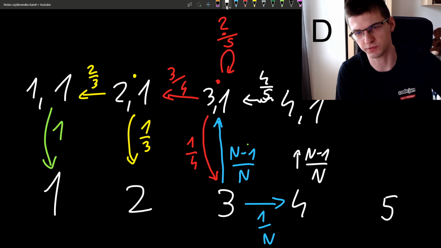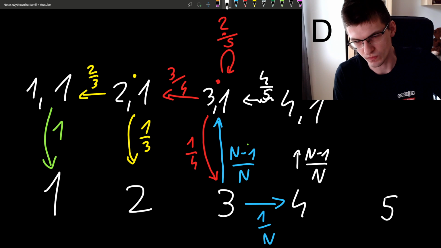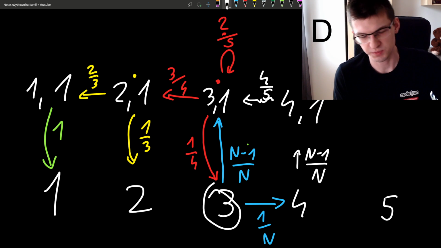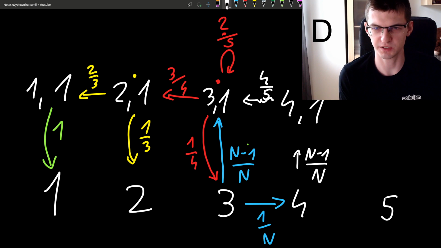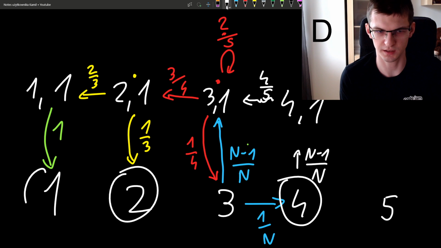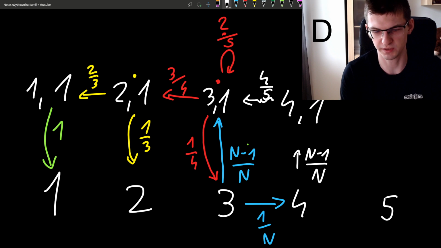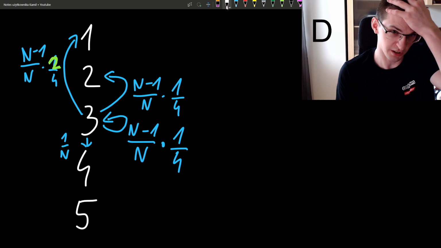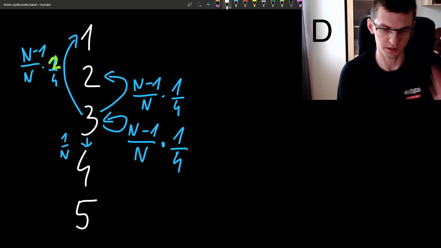And I need to account for that. When I say the expected value for this state, it will be some sum of this, that, and that. Well, and there's also myself. And then there's some extra costs. The extra cost assigned to this.